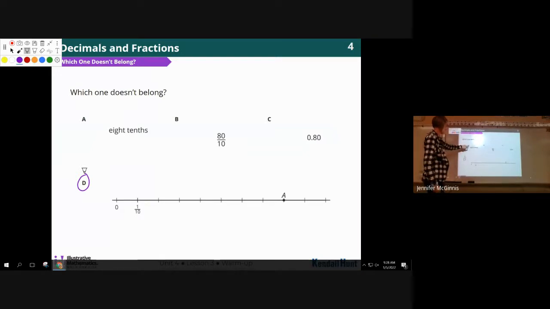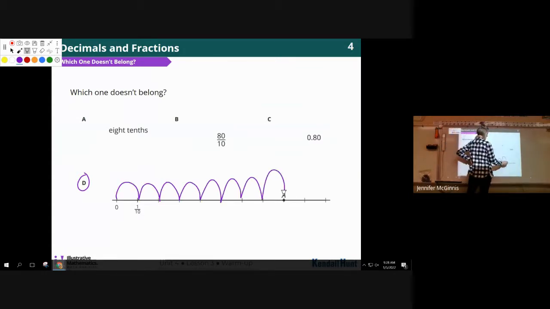Now we go down here. Okay, so we'll count to where it says A on the number line. 1, 2, 3, 4, 5, 6, 7, 8. And there's 8/10 from there. 8/10 here. So you're saying the number line doesn't belong?